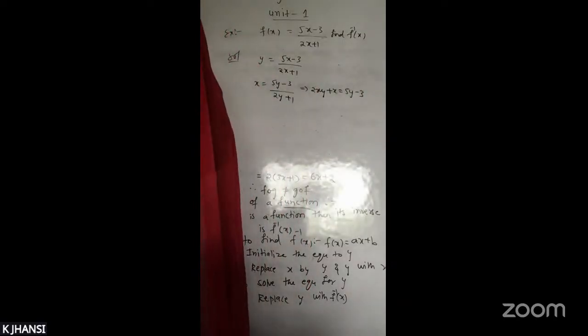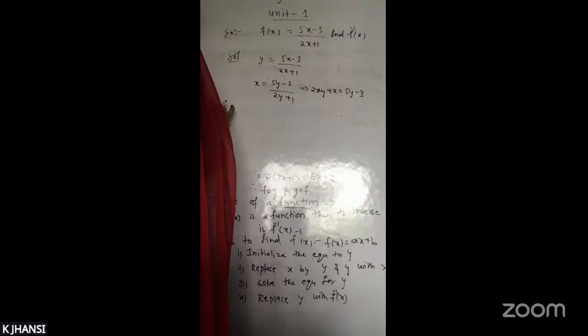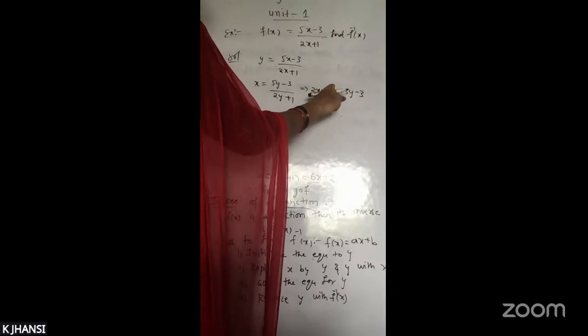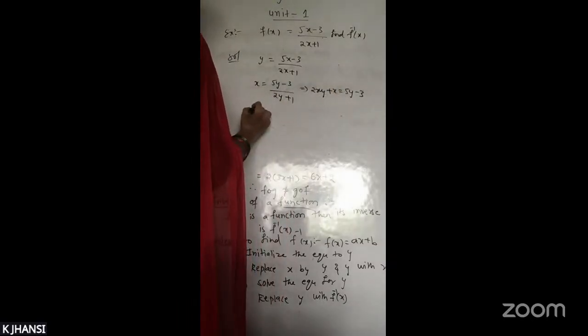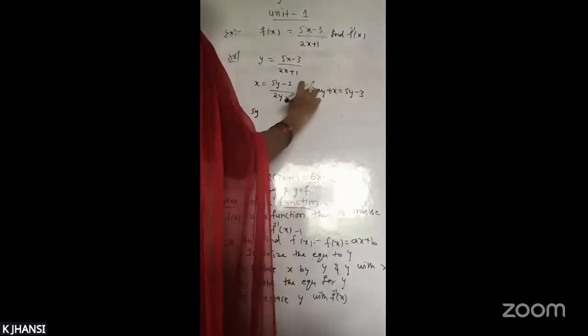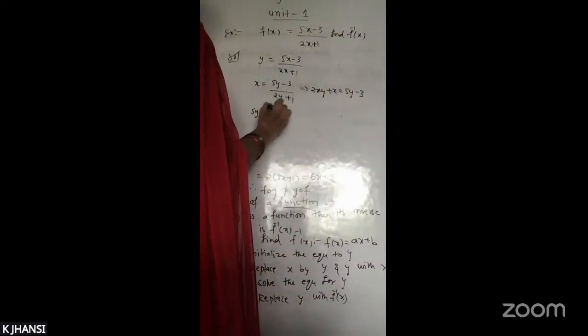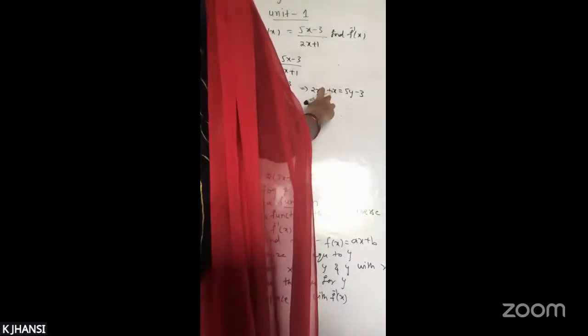So you need to find the y value here. So here y value is there, here y value is there. So you can write this as 5y. If you take this 2xy that side, minus 2xy equals, you will get x plus 3.